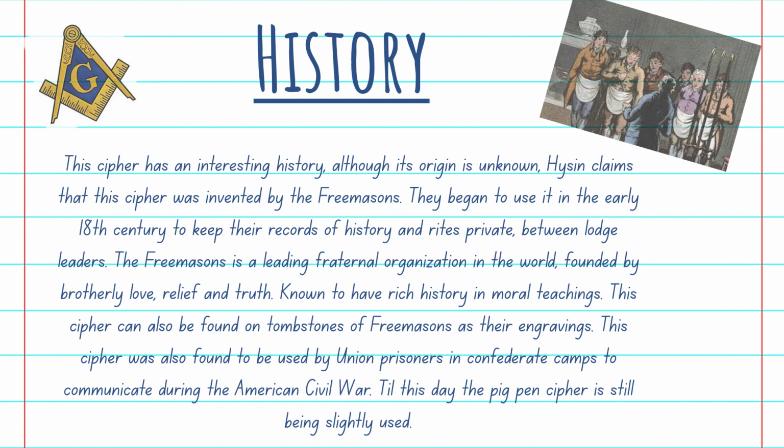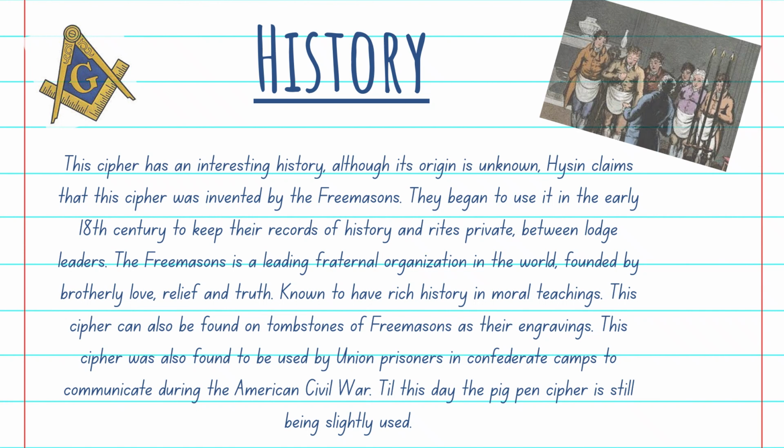They began to use it in the early 18th century to keep their records of history and rights private between lodge leaders. The Freemasons, if you did not know, is a leading fraternal organization in the world founded by brotherly love, relief, and truth. They are also known to have rich history and moral teachings.